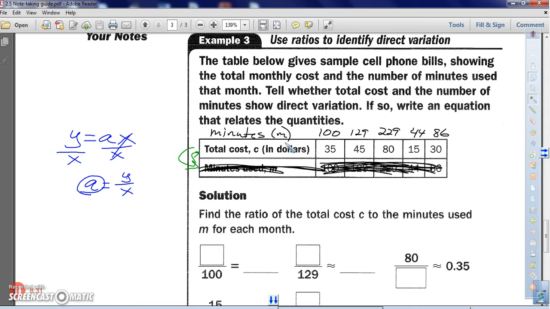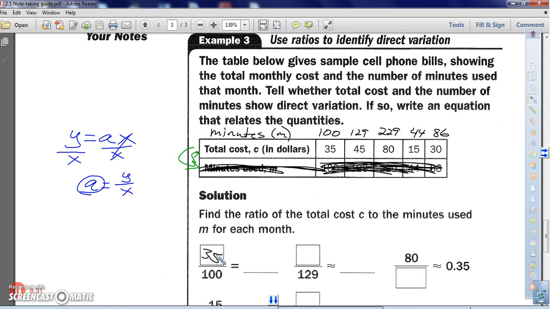So instead of x and y, actually, we're using m and c. And so if I take the y's, which are the c, and divide it by the x, which is the m, that should tell me what a is. So let's do that. So I'm going to divide the y, which is 35, by 100.